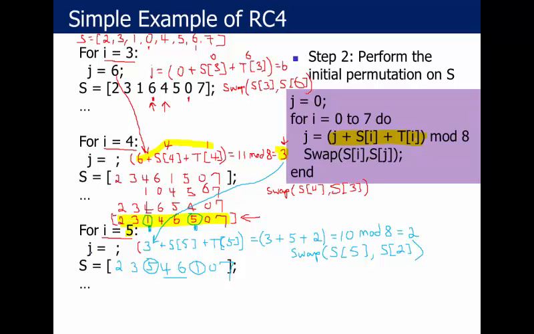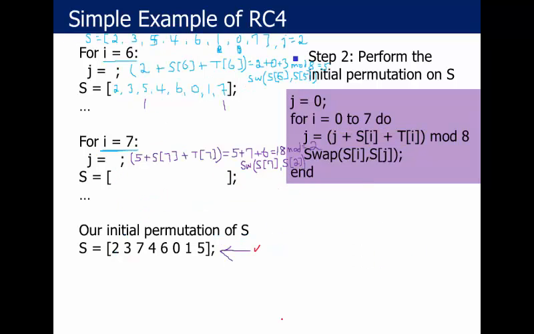S is a serial number starting from 0 to whatever the capacity permits. And then T is the same size vector as S, but if the key given is short, then you repeat that key. This is what we learned.